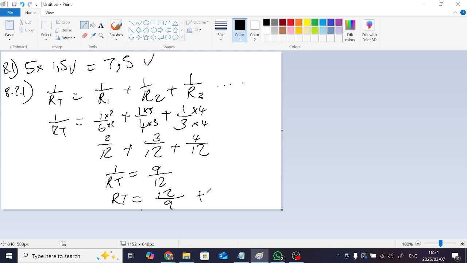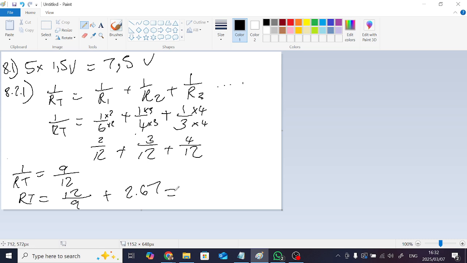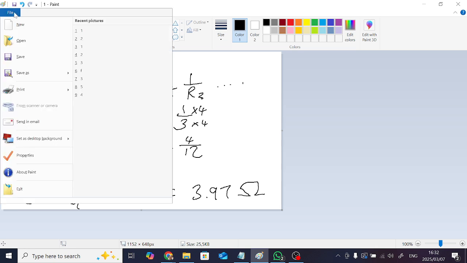So it's 12 over 9 plus 2,67. So then this is going to be equal to 3,97 ohms. Okay, 3,97 ohms.